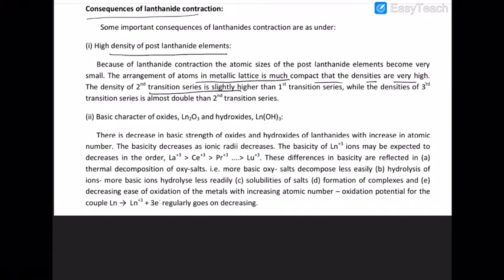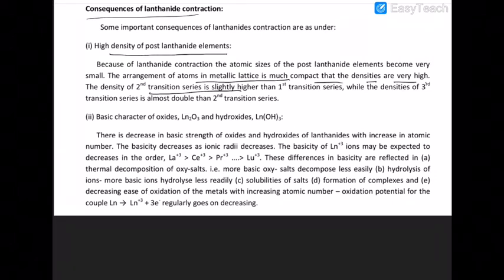Why is it so? Because zirconium is pre-lanthanide, hafnium is post-lanthanide. Niobium is pre-lanthanide, tantalum is post-lanthanide. Molybdenum is pre-lanthanide and tungsten is post-lanthanide.